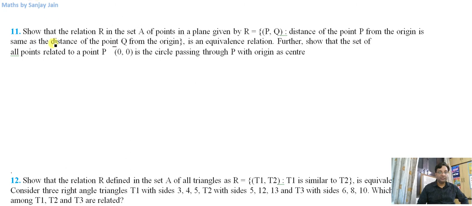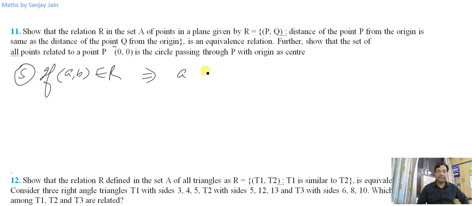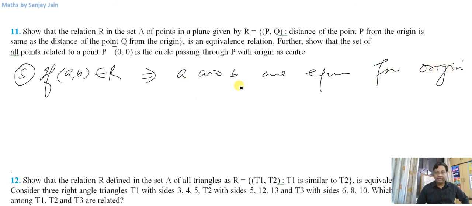Now let me discuss symmetry. Is it symmetric? If I take any two points A, B belonging to R, if AB belongs to R, that would imply that A and B are equidistant from the origin. And if A and B are equidistant from the origin, can I say B and A are equidistant from the origin?